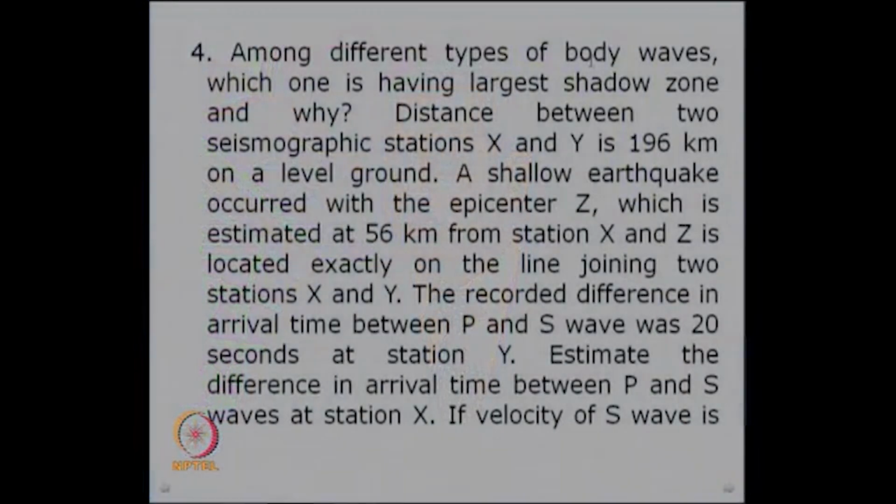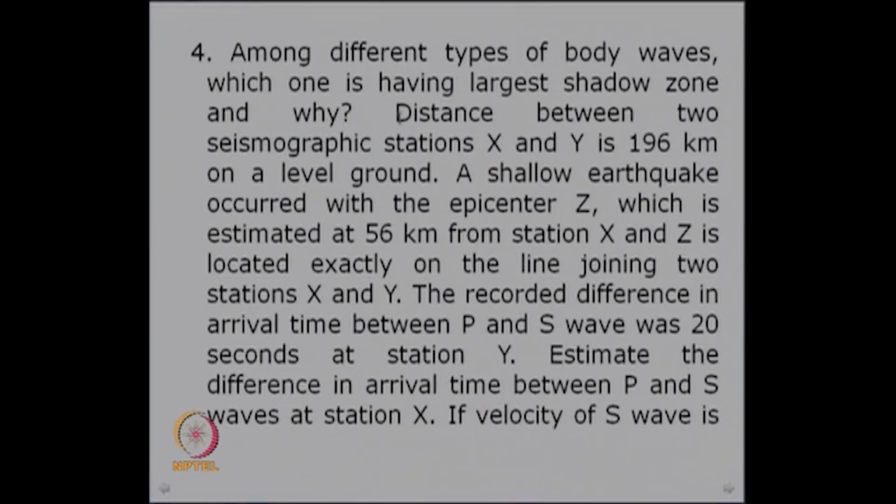So, that is why in the molten outer core of earth, P wave can travel, but S wave cannot travel. That is the reason why the shadow zone is much longer for S wave. So, that reason has to be given for this question.